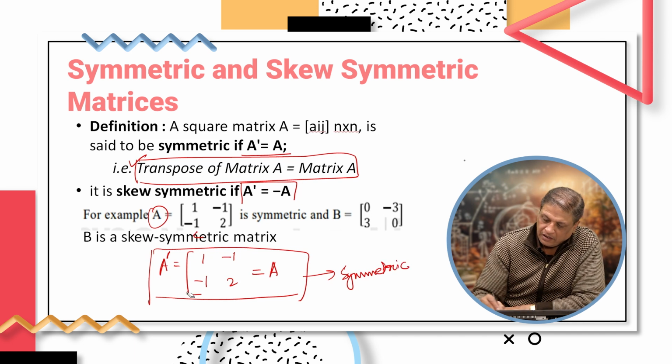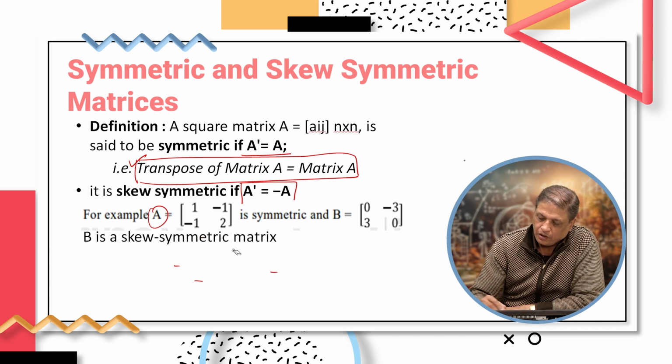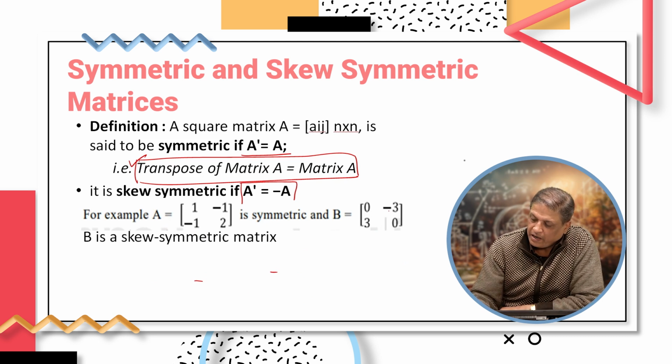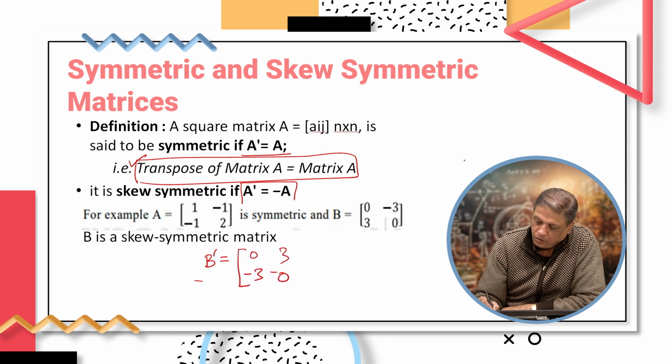So, that is why this matrix is symmetric. But so far as the other matrix is concerned, that is matrix B given over here, 0 3 minus 3 0. If I take the transpose of B, then it will be 0 minus 3 3 0.